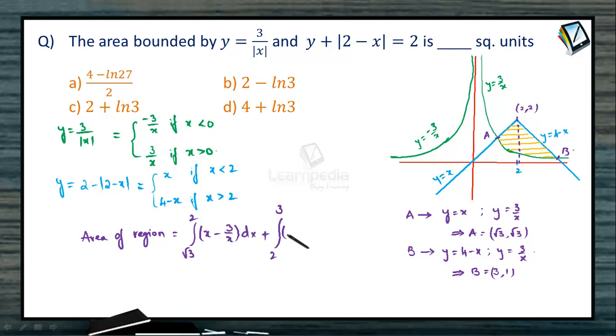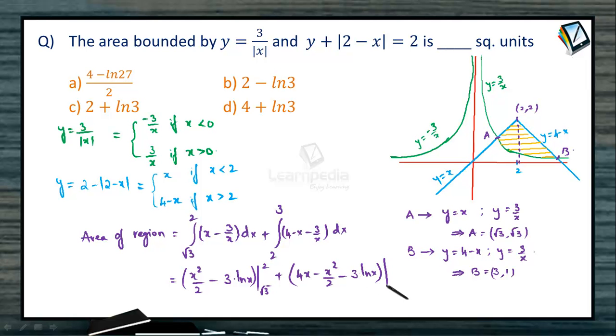Now here in this, the line 4 minus x is above the curve 3 by x, right? So this is x square by 2 minus 3 times ln x, the value of the limits calculated between root 3 to 2, plus the second term's integral 4x minus x square by 2 minus 3 times ln x, and for this function the limits are from 2 to 3.